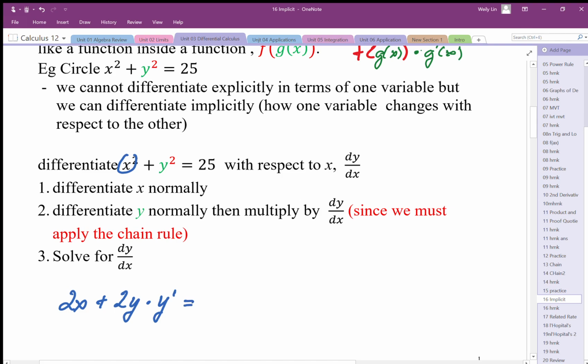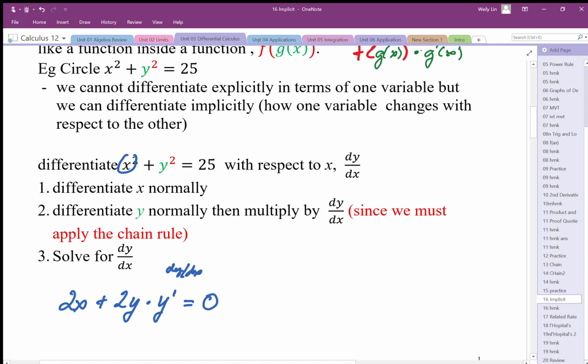Then we get equal to, and then the derivative of 25 works out to be 0. So there I've generated my dy by dx, which is the same as y prime. And I've generated a derivative, which is the change in y over change in x. It's right there.